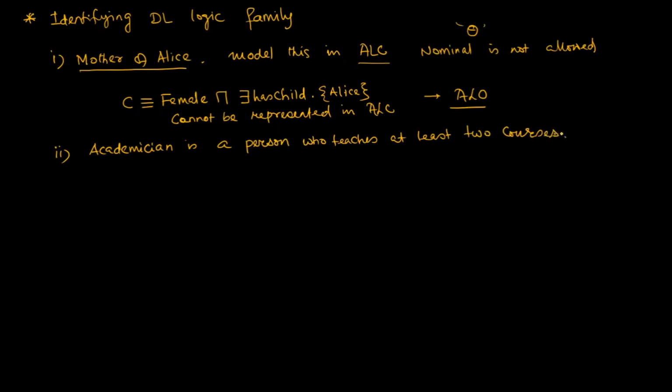Two courses, right? So how do we write this? Academician is equivalent to any person and greater than or equal to 2 teaches course, right?